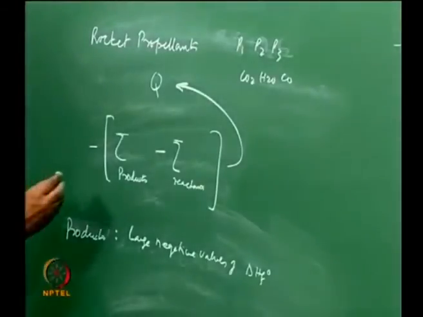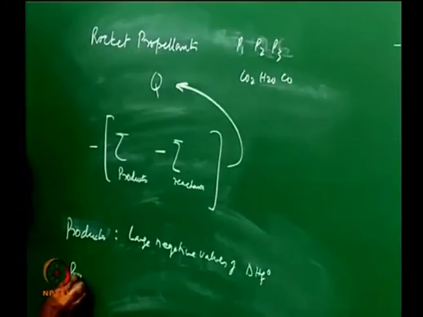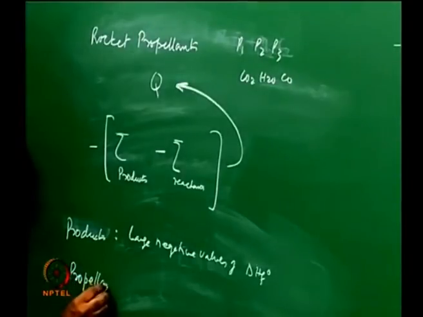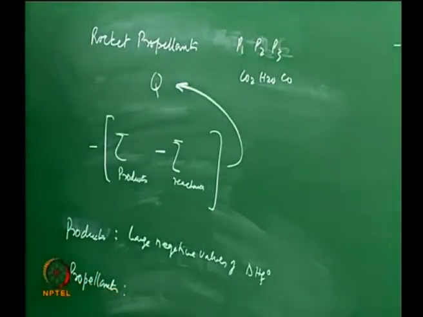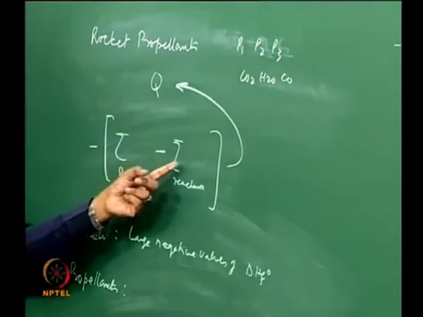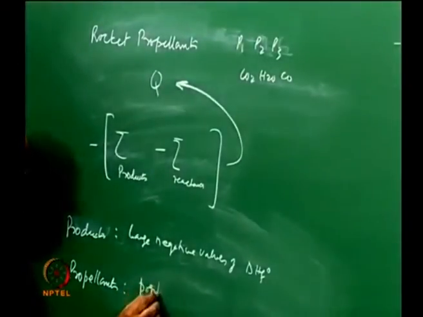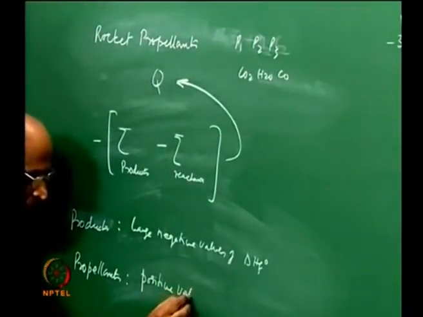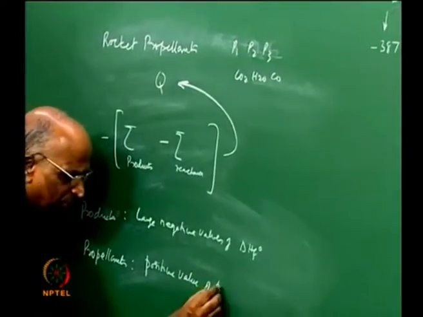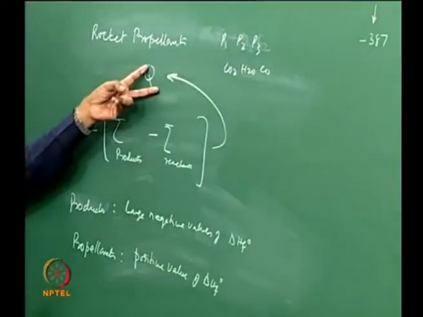Similarly, if I talk in terms of the reactants, which are essentially the propellants, what should they have? Minus and minus becomes plus. Therefore, if the reactants would have a positive value of heat of formation, it is better for me because I have a more positive number.